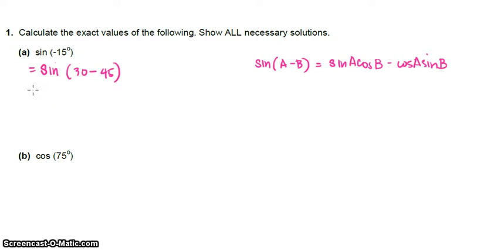So using the identity, we have sine of 30 cosine of 45 minus cosine of 30 and sine of 45.